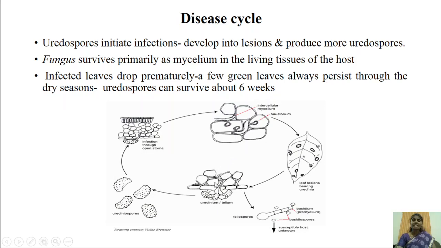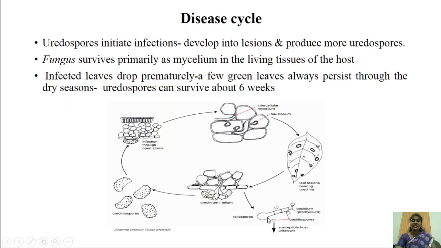When it attains a certain stage of maturity, on the underside of the leaf the hyphae produce a number of spores called uredospores. Uredospores, on detachment, when they fall on another fresh plant, germinate to produce new hyphae of the fungus. So this takes place during the rainy season.